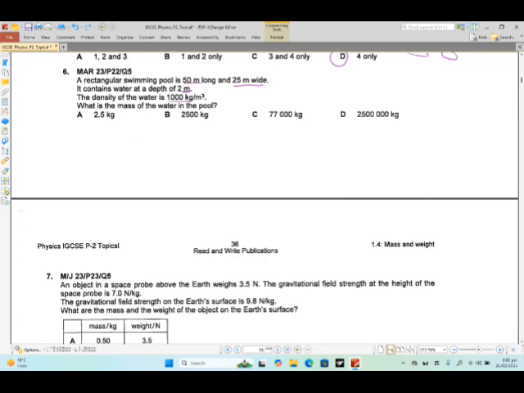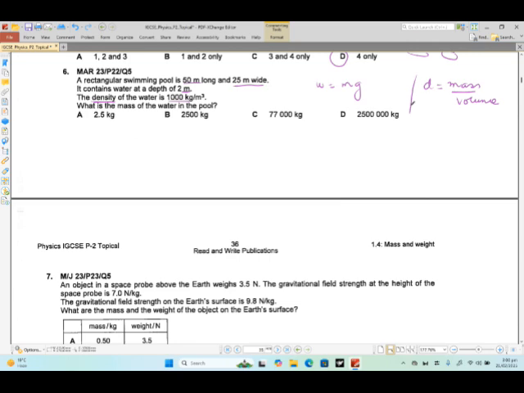To find out the mass, there are a few formulas which can be used. One I've told you, W is equal to mg, but here the weight is not given, so the mass can't be found that way. The other formula that can give us mass is density is equal to mass per volume, since the density has been mentioned in the question.